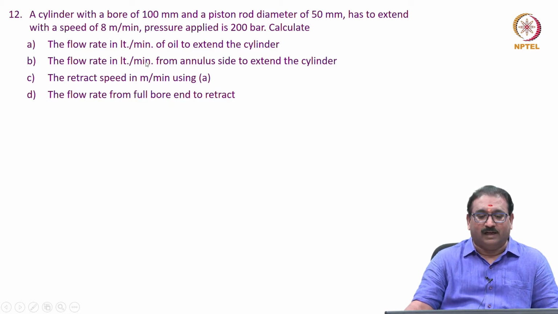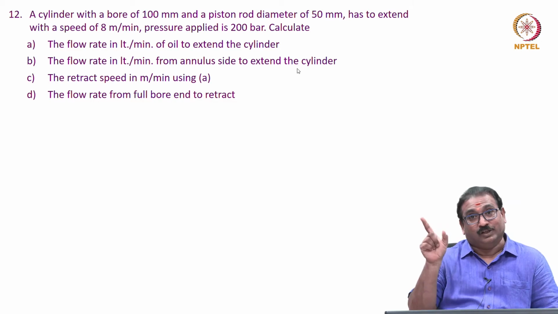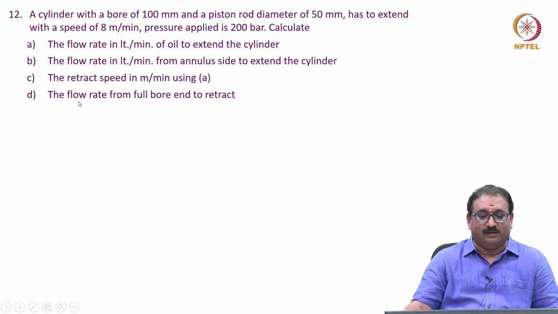Then the flow rate in liters per minute from the annulus side while extending. Then the third one is the retracting speed in meters per minute, using the same pump flow for the retraction. And the flow rate from the full bore end to retract, how much is it?